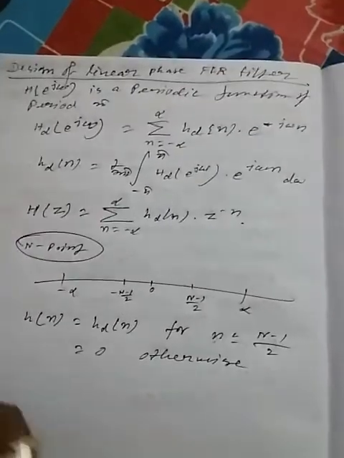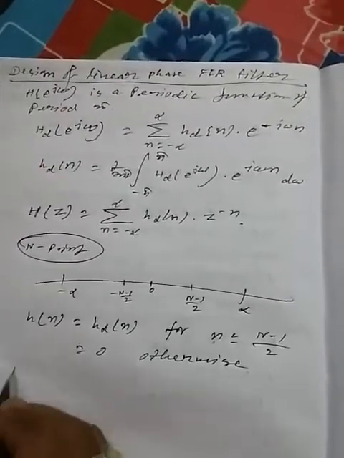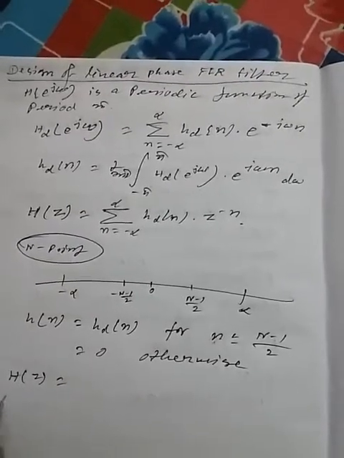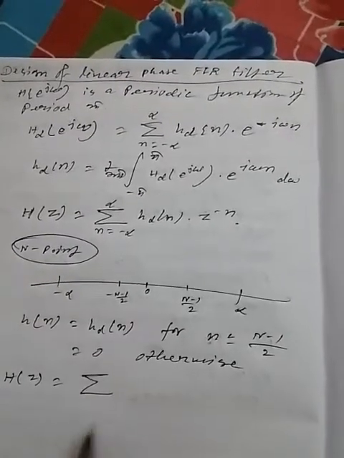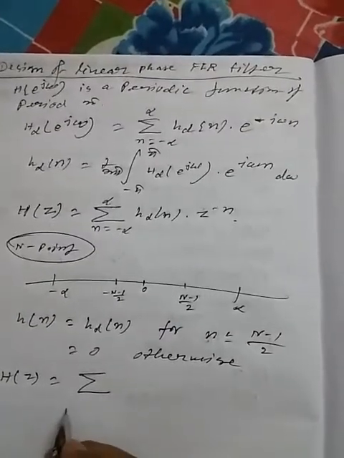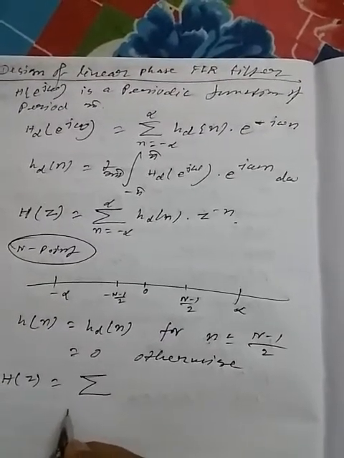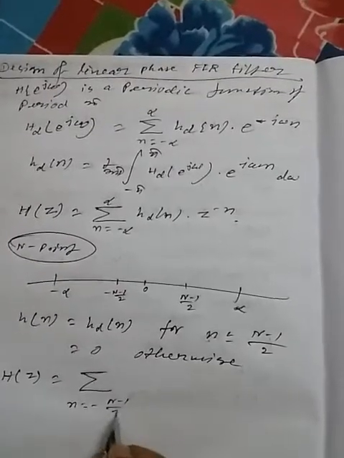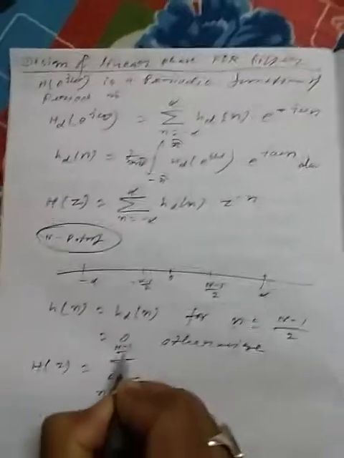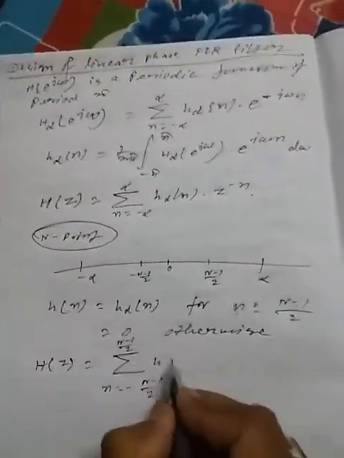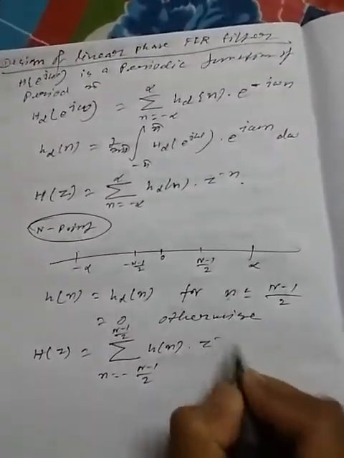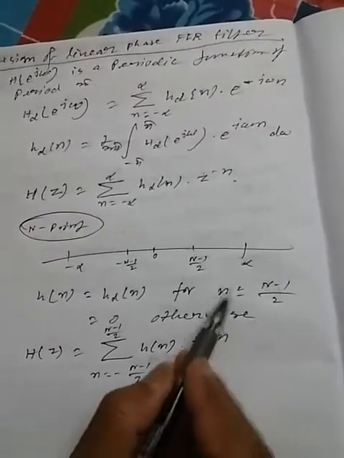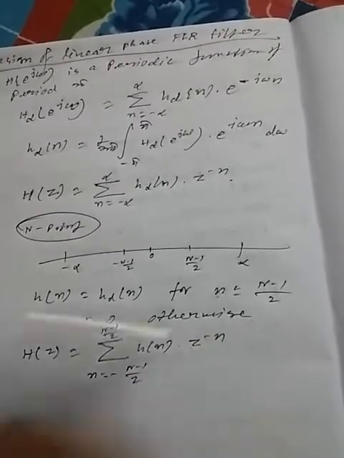Now in this case the transfer function of the digital filter is also truncated by N points. So here will be summation of n equal to minus (N minus 1) by 2 to (N minus 1) by 2 of h(n) into z to the power minus n, because the range of h(n) is here mod n less than or equal to (N minus 1) by 2.